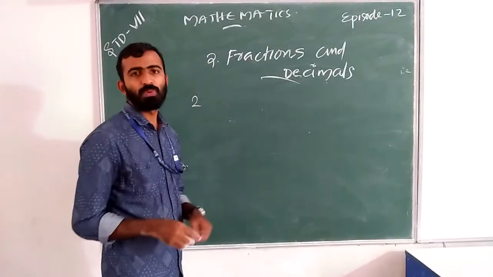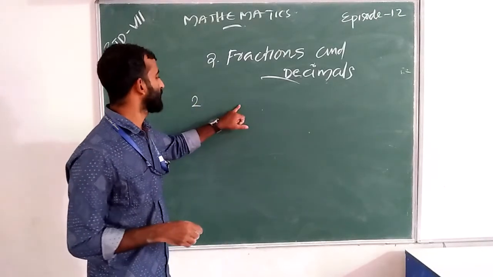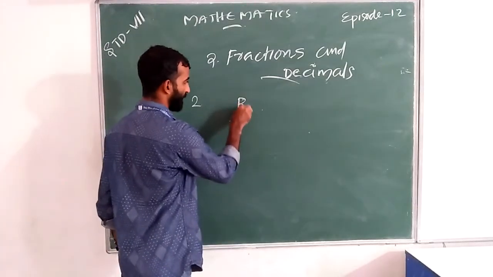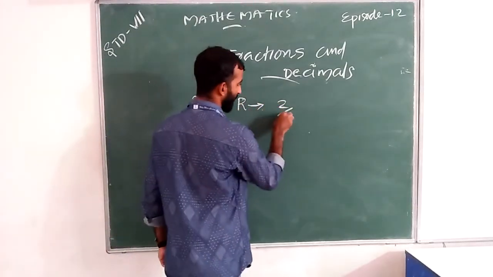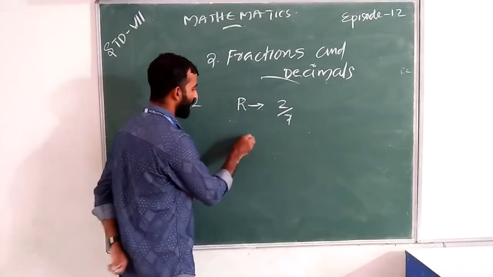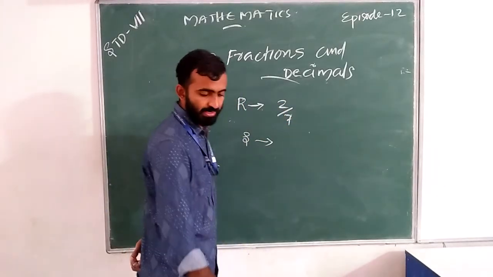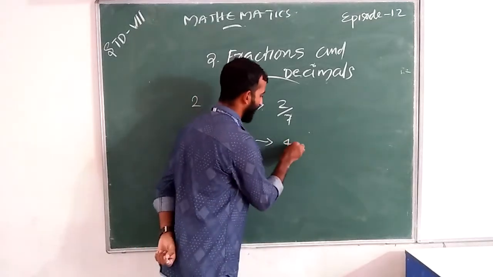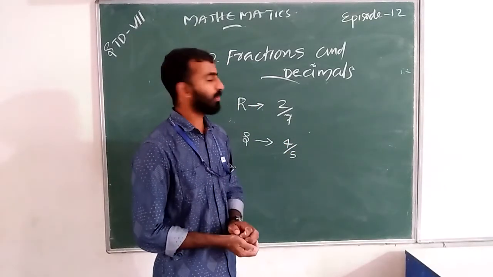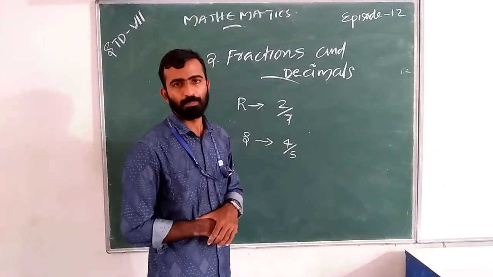Ramesh solved 2 by 7. And Seema solved 4 by 5. And we want to find who solved lesser.